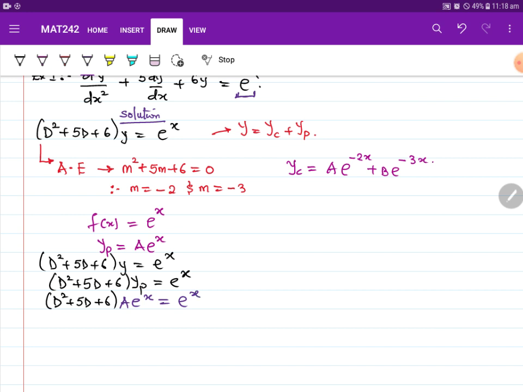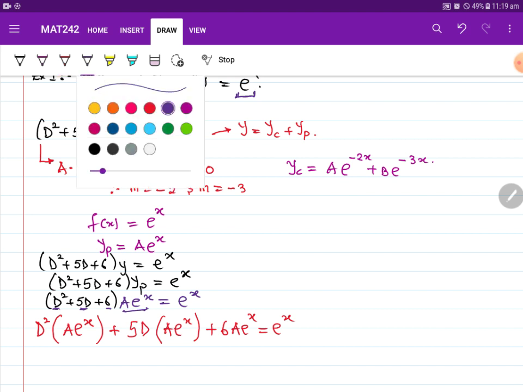Okay, now what is the meaning of this? It means d squared, that's the second derivative of what is here, d, that's the first derivative of what is here, and ordinary multiplication of this. So I can just write it as d square into bracket a exponential x plus 5d into bracket a exponential x plus 6a exponential x is equal to exponential x. Okay, now let's differentiate that. a is a constant.